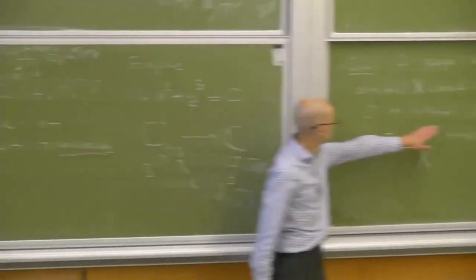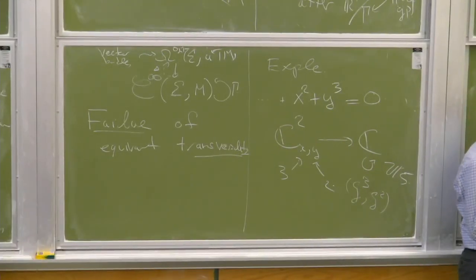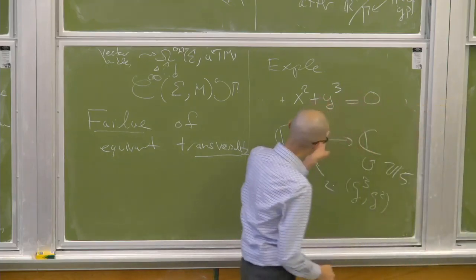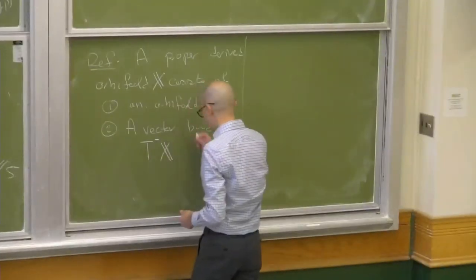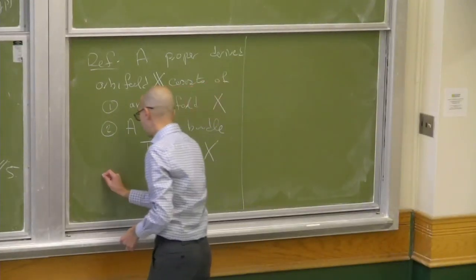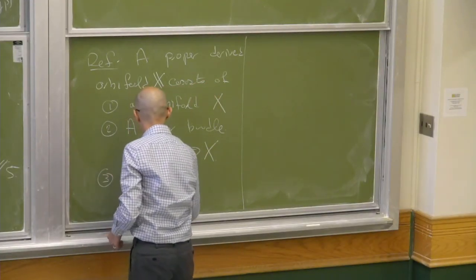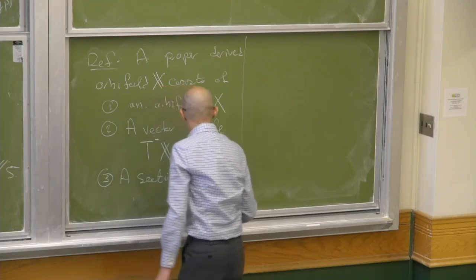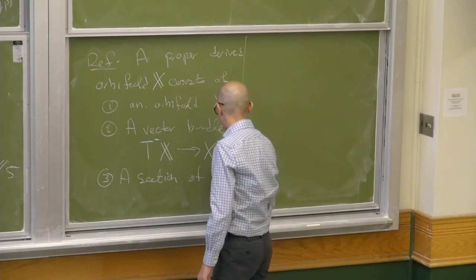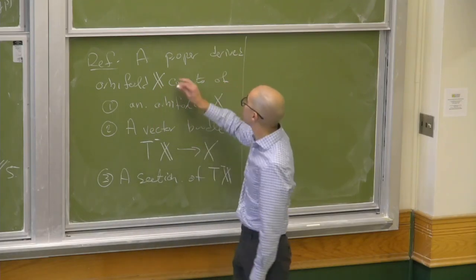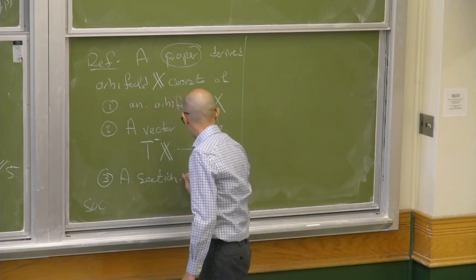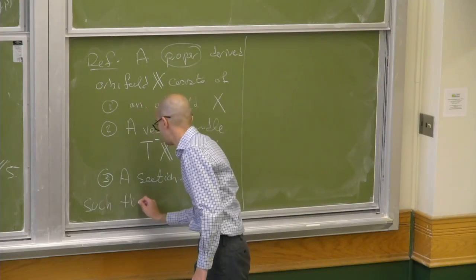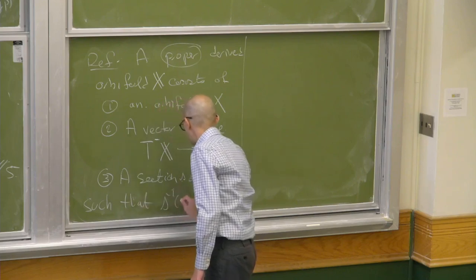You see this orbifold X has its own tangent space, and now we want some kind of negative part of the tangent space, which is the part that we're trying to cut out. The equation is going to arise T minus over X, and 3, a section s of this vector bundle T minus X. And I put this word proper here, so I'm going to write such that the 0 locus is compact. Such that s equals 0 is compact.